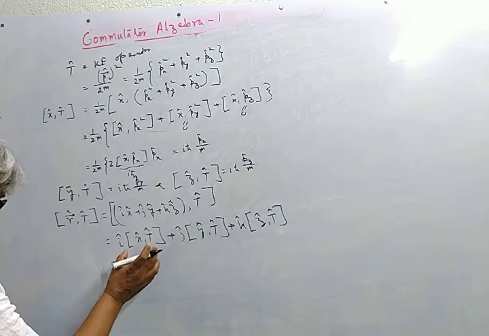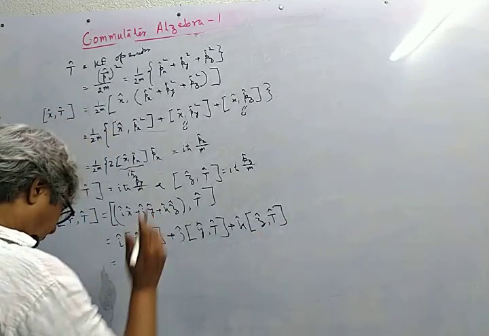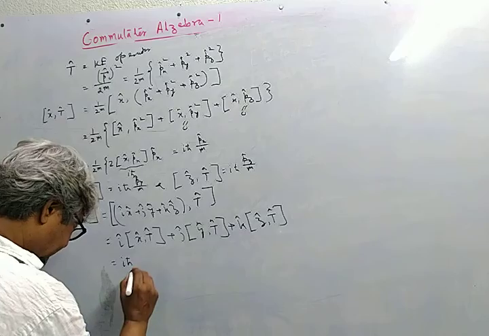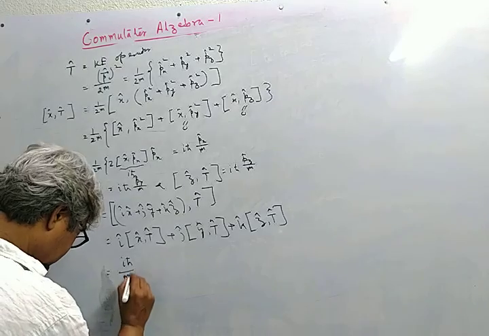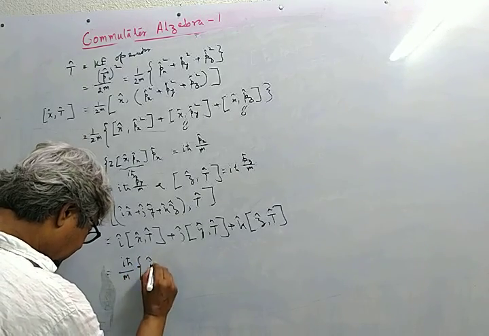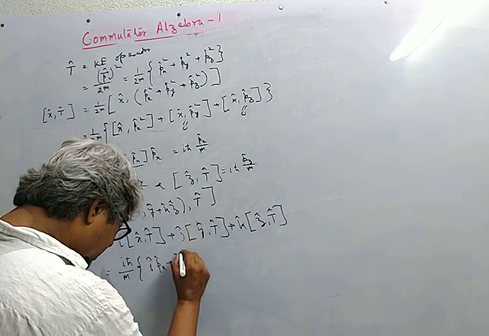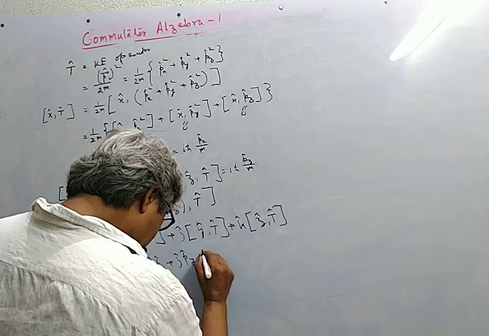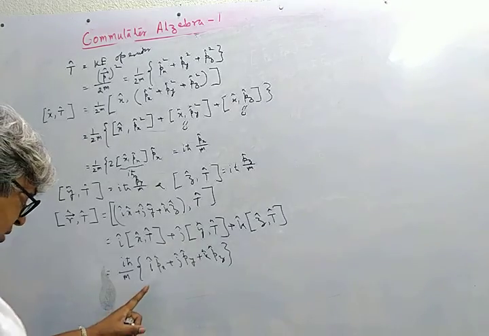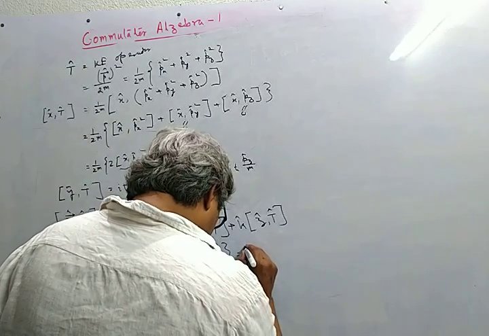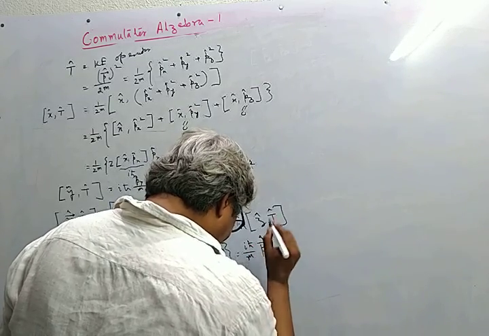Note that this is px by m, this is py by m, this is pz by m, and obviously i h cross is there. So this is i h cross by m times the p vector operator.